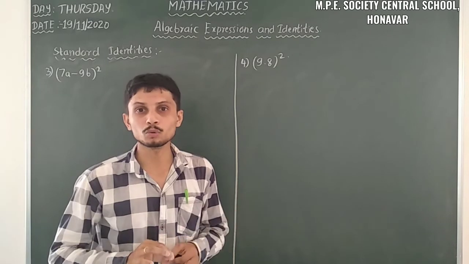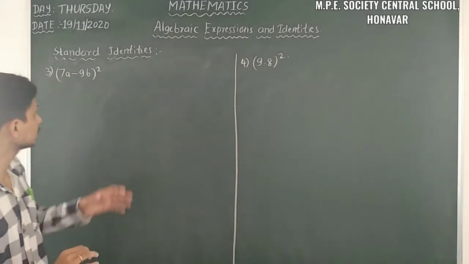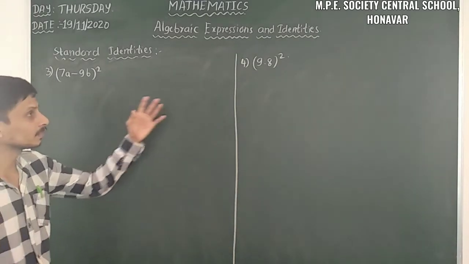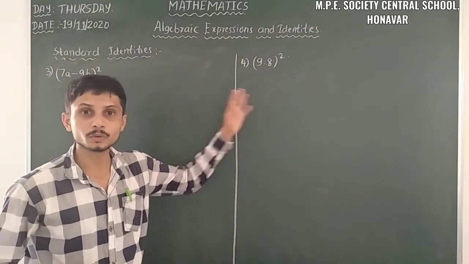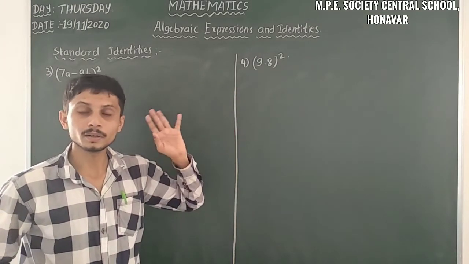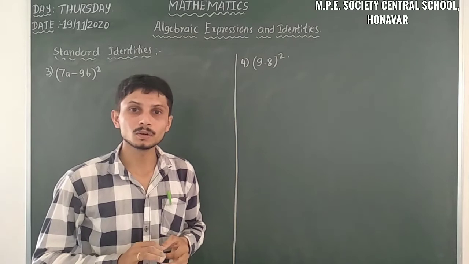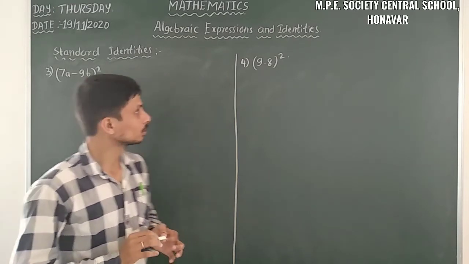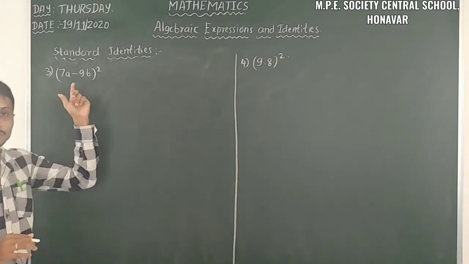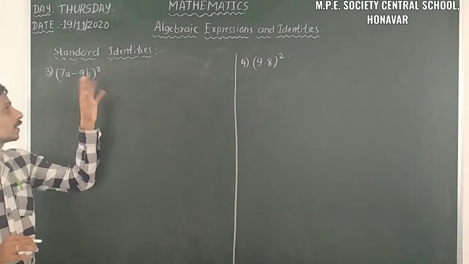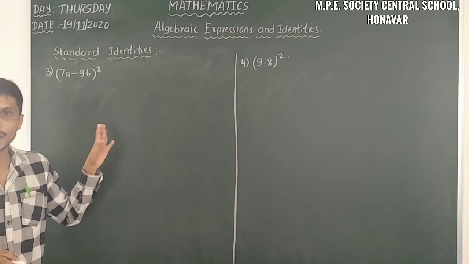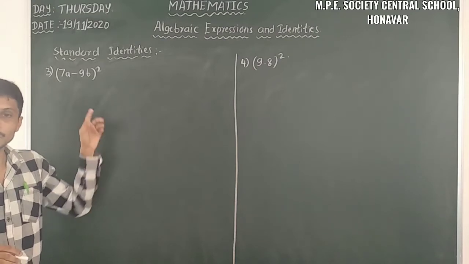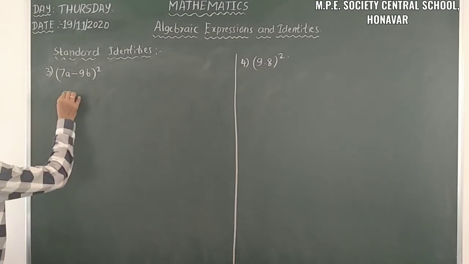Here also there are two forms of the questions: the algebraic type and the numerical type. We have to solve both using a minus b whole square is equal to a square minus 2ab plus b square. Just observe here, 7a minus 9b whole square. It is in the form of a minus b whole square.